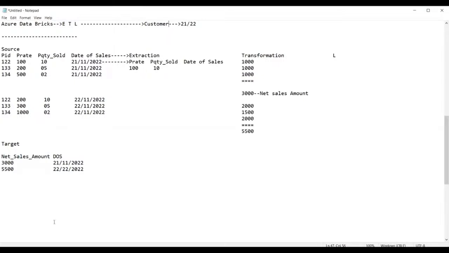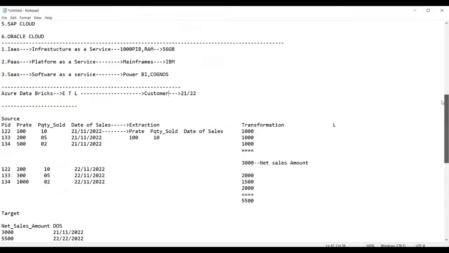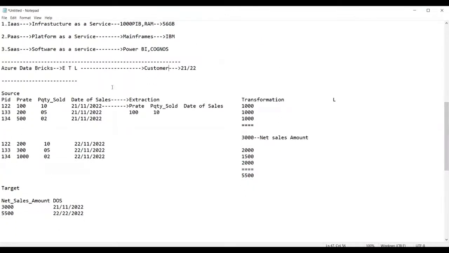This process is called extraction, transformation, and loading, and it is done using the service called Azure Databricks, where extraction, transformation, and loading of data is done. Clear, all of you now?